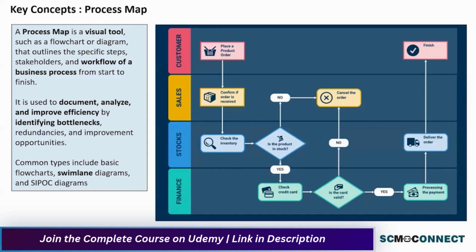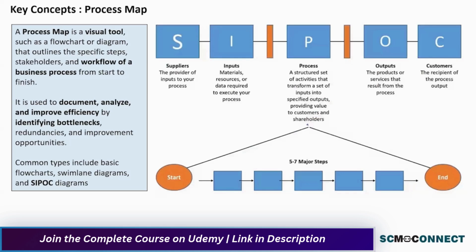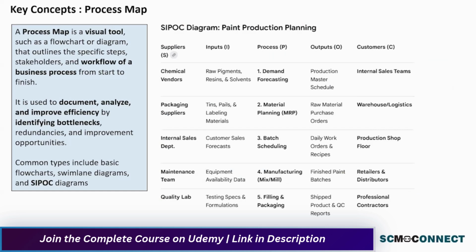It could be a swim lane diagram wherein you start at a certain point and it runs across different stakeholders within the organization or external to the organization as well. And then you have a third type of process map, which is a SIPOC kind of process diagram, right? So that's the process map.